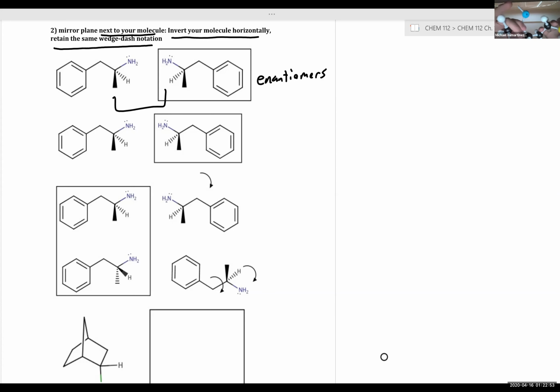So let's start off. So here is our first structure.